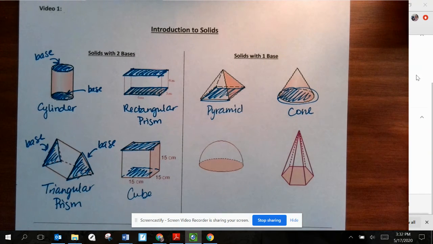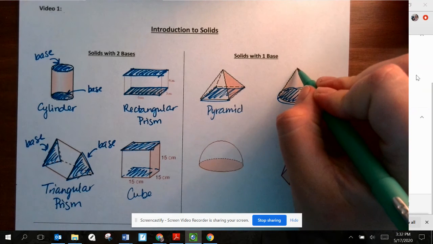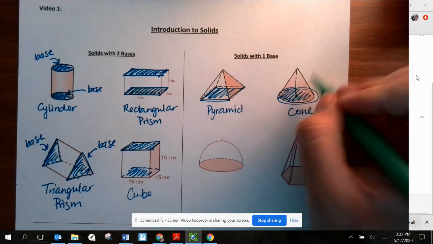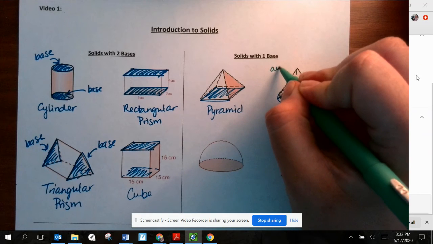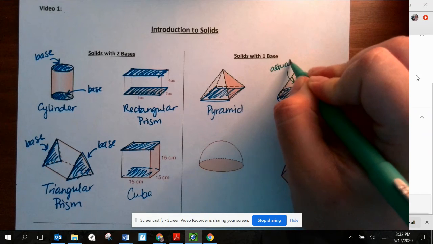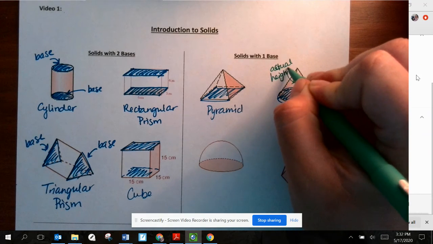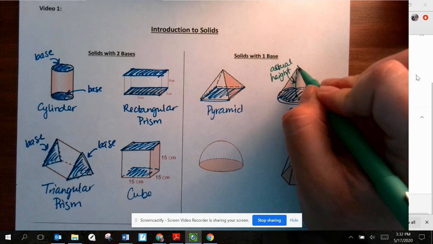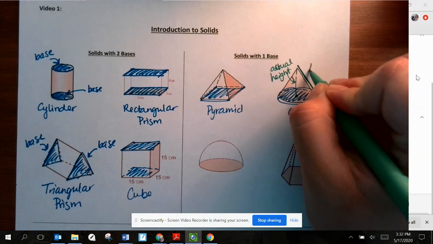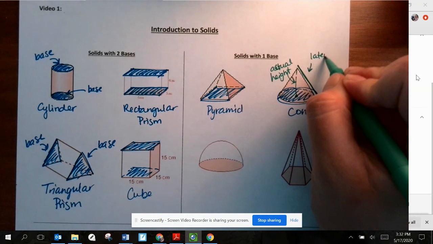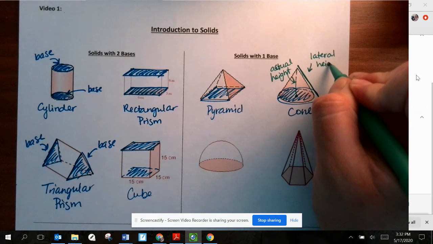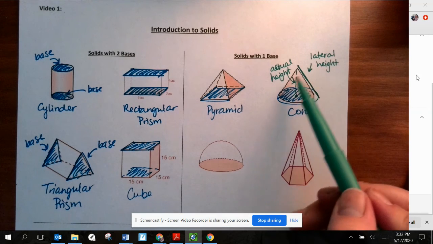Now, there's another vocabulary word that we're going to encounter when we talk about pyramids and cones. There's a difference between the actual height of the cone and something called the lateral height. The lateral height of a cone. I like to think of lateral height as something that's leaning because it's the height that's kind of diagonal here.